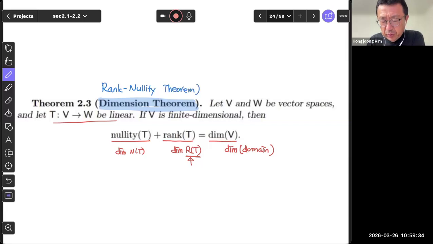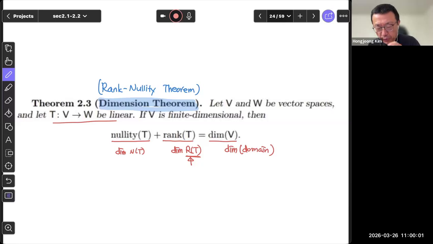Actually, it has different names as well, but anyway, these are two common names of the theorem. So when you read any paper or textbook, people may say rank nullity theorem or dimension theorem. Then they mean the sum of the nullity and the rank will be the dimension of the domain.